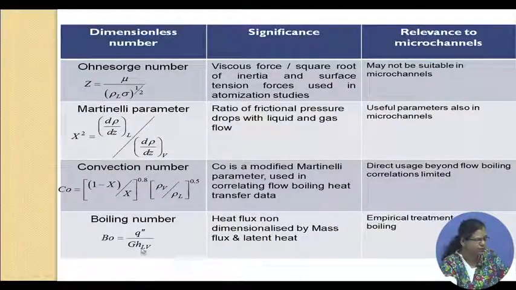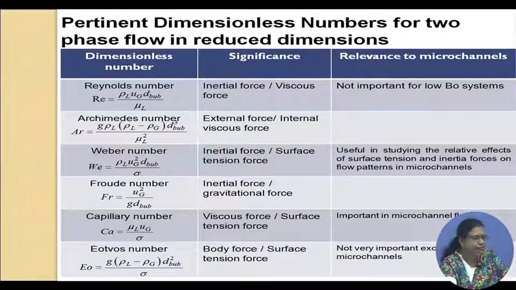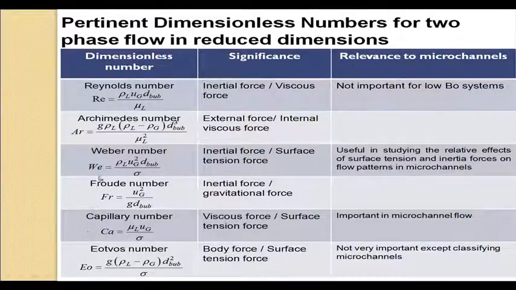Along with that, the boiling number is also important, and I would like to mention also that just like I had told you, in micro channels we find that the Eötvös number or the Bond number is not very important, because gravity or buoyancy force is not important in micro channels.